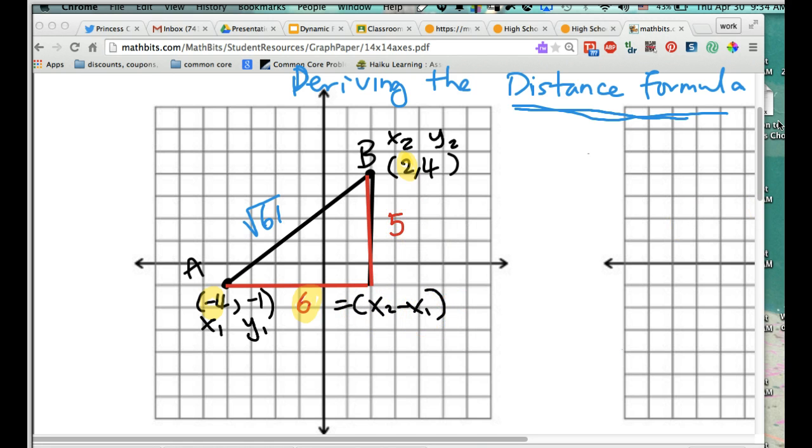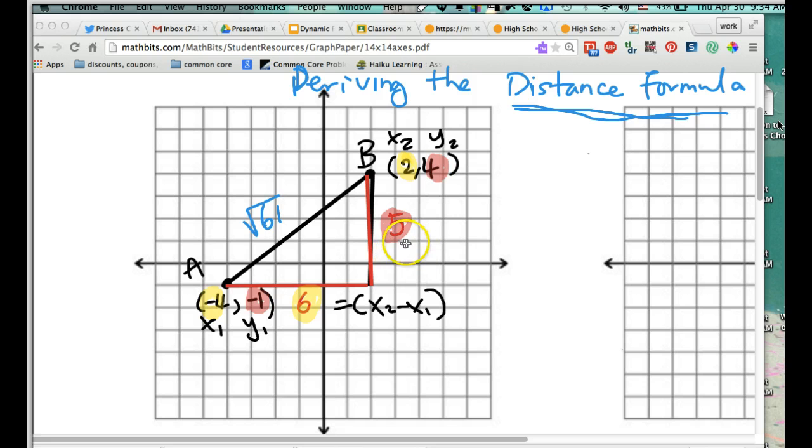Now let's take a look at 5. I'm looking at 5 over here, which I had to use the number 4 and the number negative 1 to get. What do you think I did with the 4 and the negative 1 to get 5? Throw out the answers, guys. If you add them, it's 4 plus negative 1, which is 3, but I have 5.